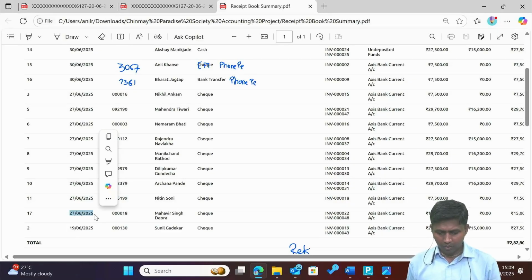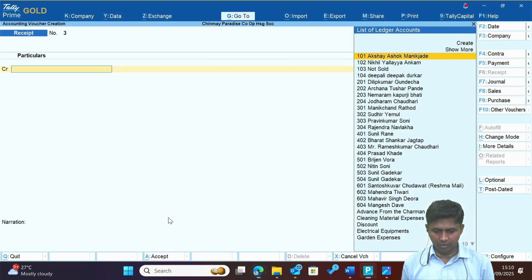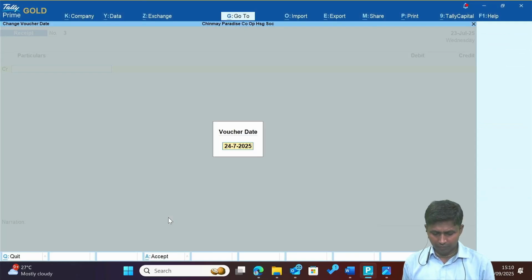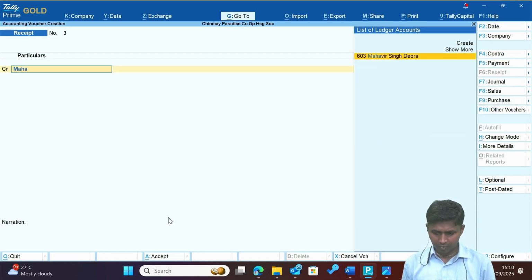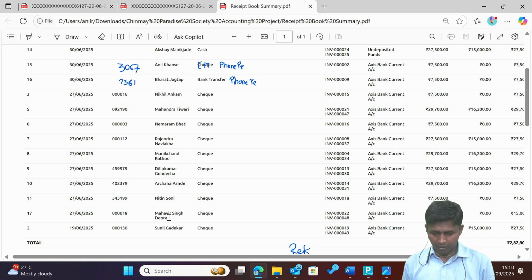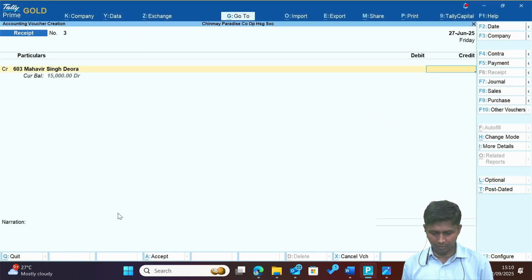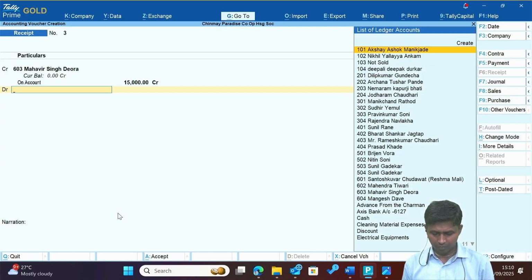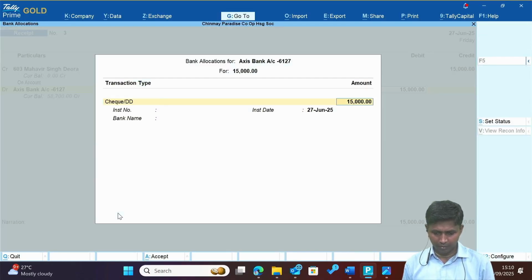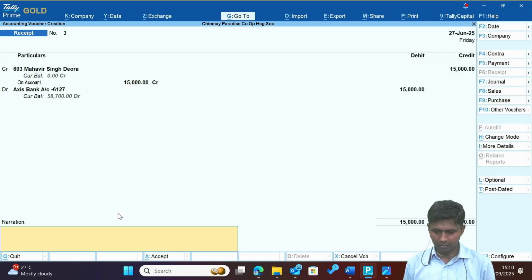Next we have an entry on 27 June. Mahavir Singh, 27 June. Make the date 27/6 and who paid, Mahavir. Now select that party's account and then through check only, check number 18 and rupees 15,000. Axis Bank, check number 18, accepted.